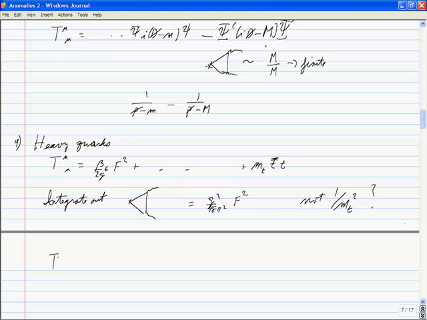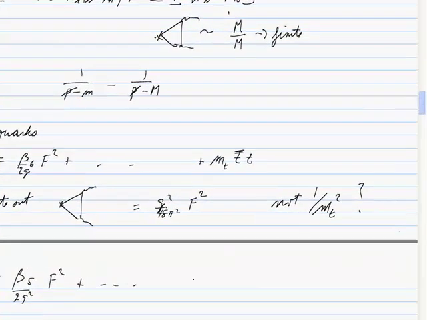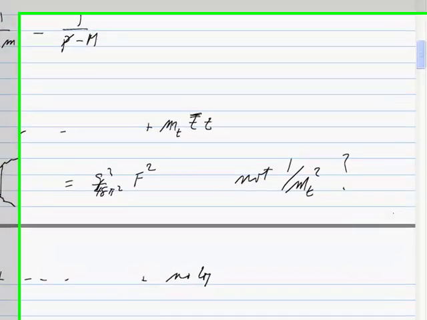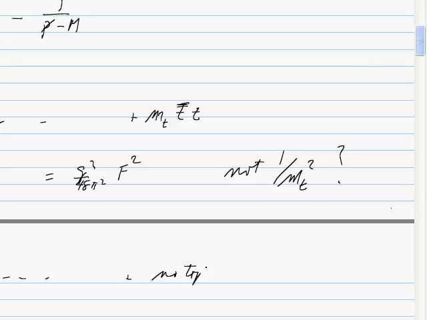After I integrate it out, T mu mu would be the beta function for 5 quarks times F squared, plus no top contribution.